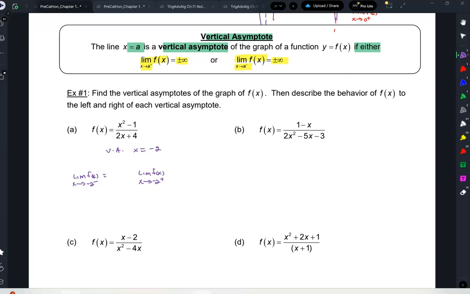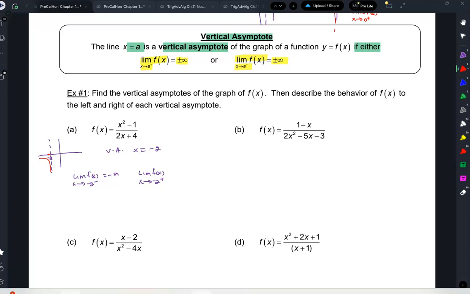Let's say you were at -2.5. This denominator will be a negative value, correct? So then you say this is negative infinity. Now, if you want to sketch something, just to have you grounded, you can do that as well, right? And so here, it's going to go down.